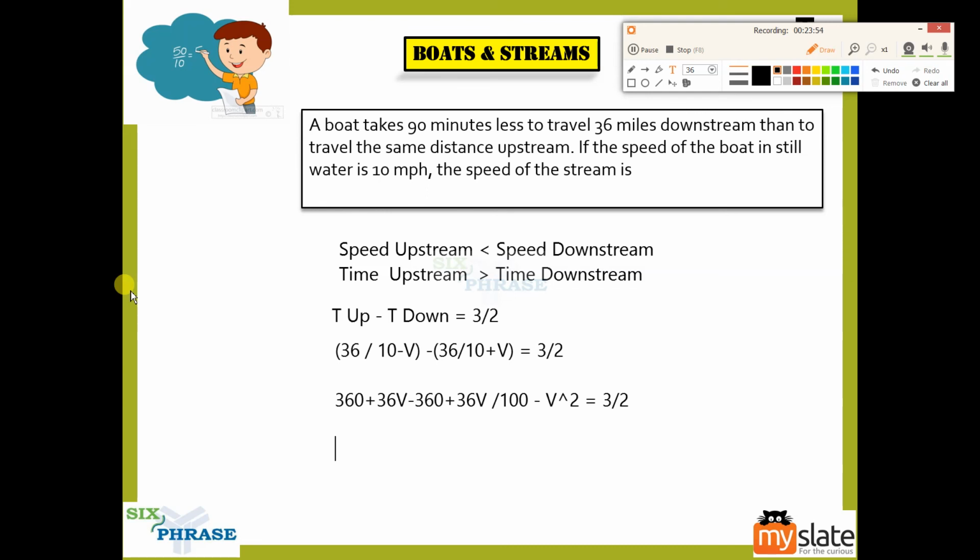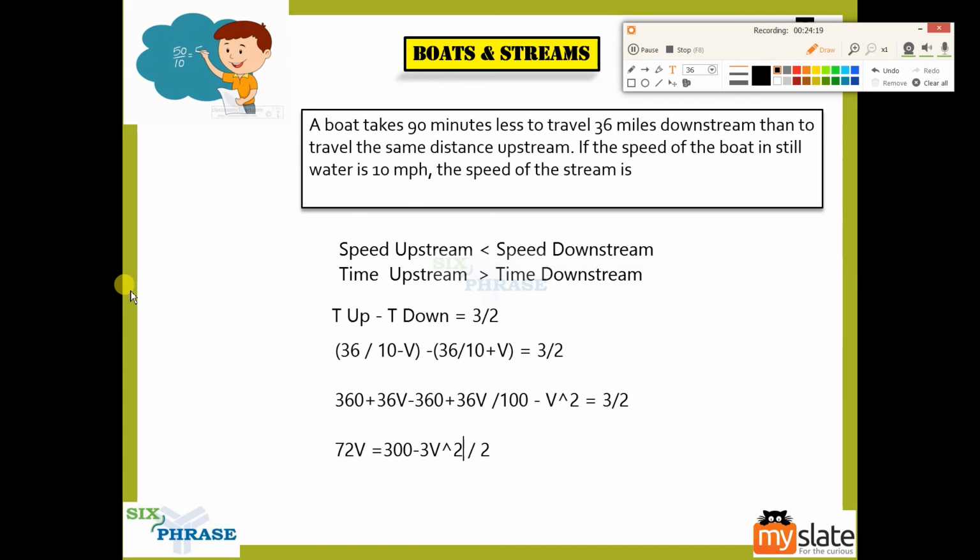You can see plus 360 and minus 360 will get cancelled, so you'll have 72v, which will be equal to (300 minus 3v squared) divided by 2.